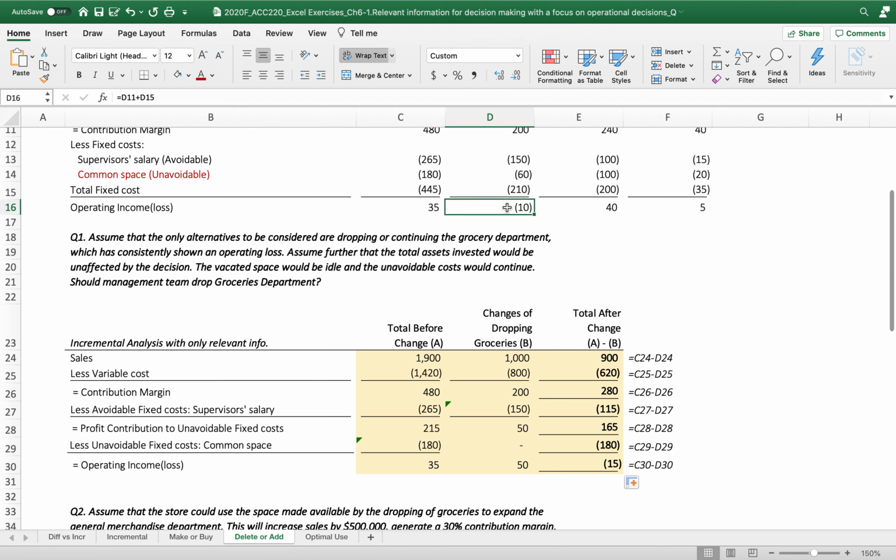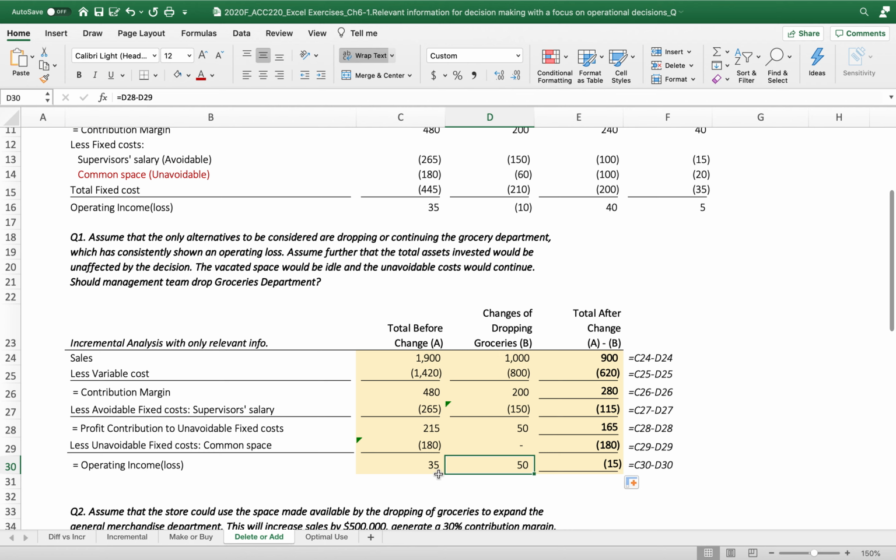The operating loss of $10,000 is an avoidable part, but the $60,000 for the common space is the unavoidable part, right? So the $50,000 profit contribution will be reduced if we drop the grocery department.